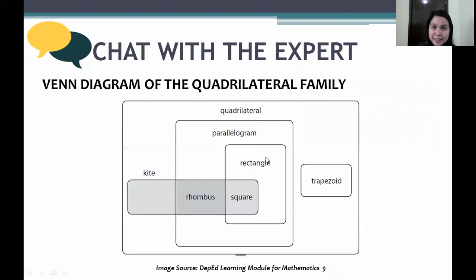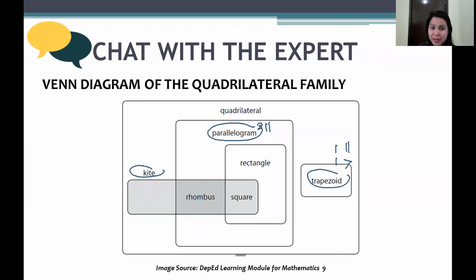Now, here's the Venn diagram for our quadrilateral family. This is the whole quadrilateral family. You can divide it into a parallelogram, a kite, and a trapezoid. A trapezoid has 1 pair of parallel and 1 pair of non-parallel sides. In a parallelogram, both pairs are parallel.